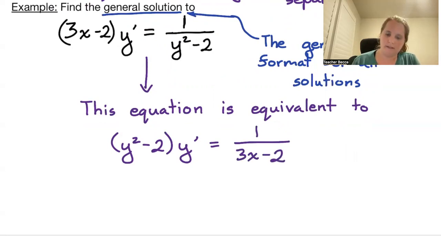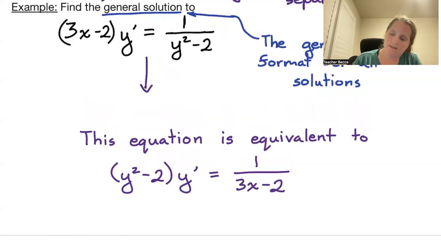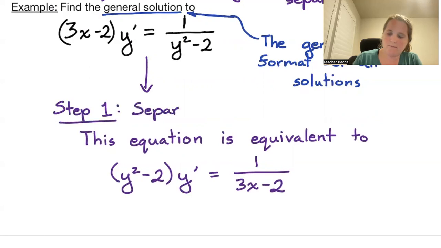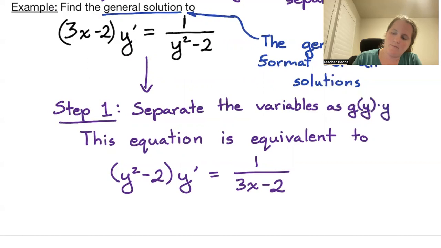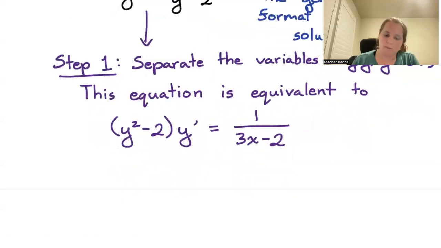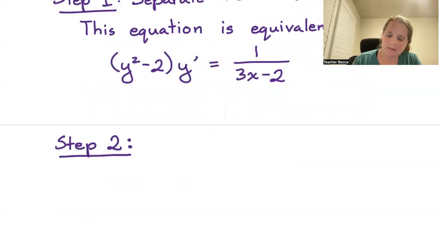So the first thing we did was separate the variables. I'm actually going to slide this down and write that as step 1: separate the variables. So we have g of y times y prime is equal to f of x. Our step 2 then is to integrate both sides.